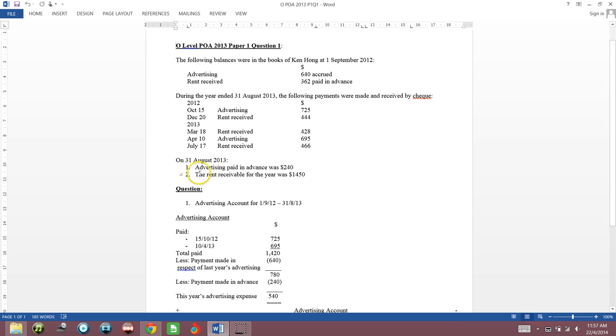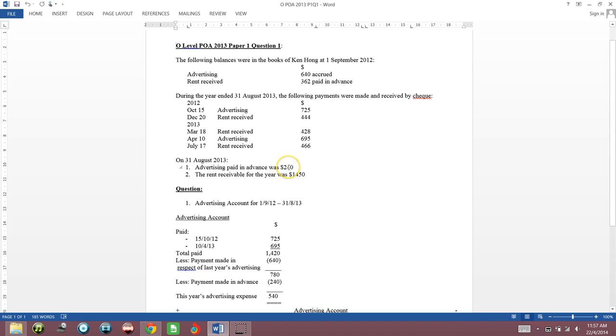Look here, advertising paid in advance was 240. On 31st August 2013, advertising paid in advance was 240. That means at the end of the year, Ken Hong paid 240 advertising expenses in advance, in respect of next year's advertising expense.